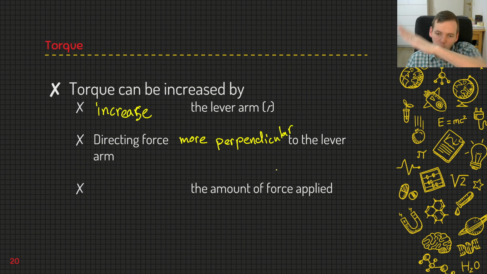So the more perpendicular you're pushing, the more torque you're able to exert. And finally, we can increase the amount of force applied. Again, we're broadly just looking at this qualitatively: can we describe how I could increase or decrease torque, or if I compare these two, which one's going to have more torque? That's what we really want to have a sense of here.